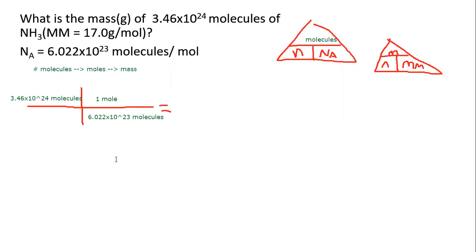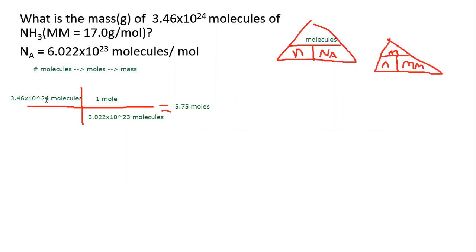And we get 5.75 moles of ammonia. So now we have the moles.